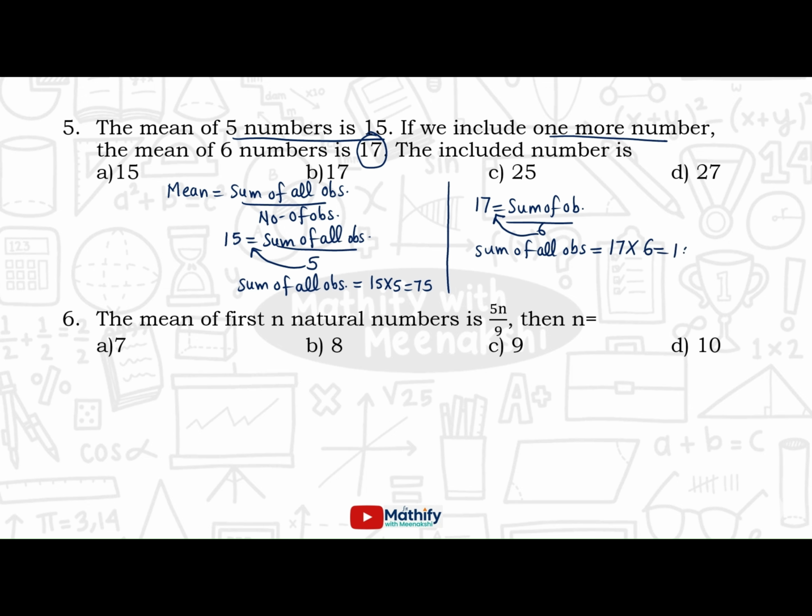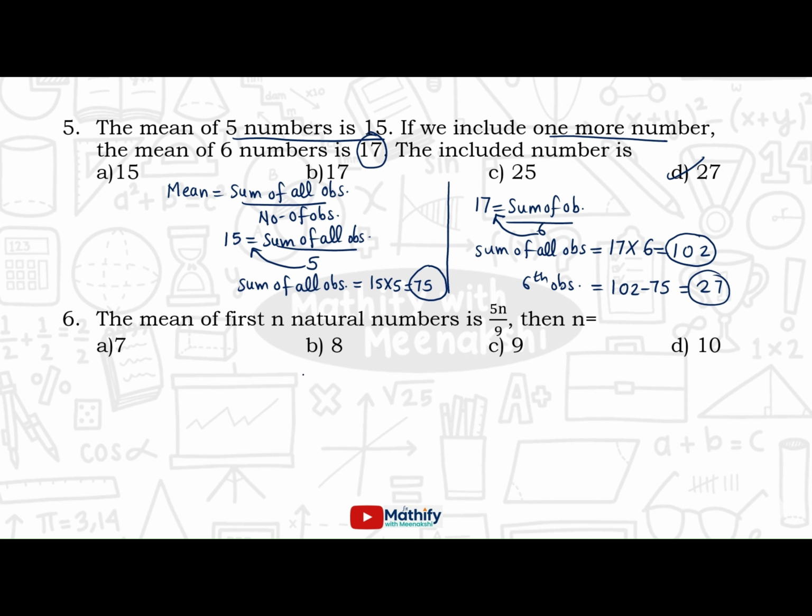That means 102. Now you know this is the sum of 6 observations and this was the sum of 5 observations. So to find the sixth observation, you will simply subtract 75 from 102. That means 27 is your sixth observation.